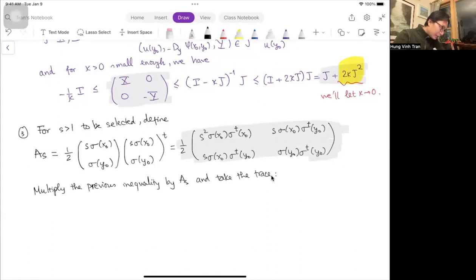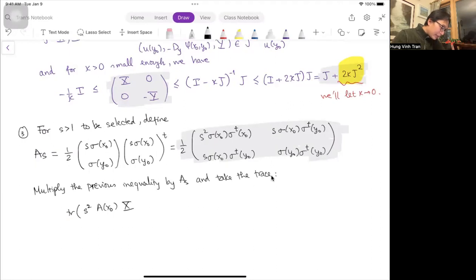So clearly the left-hand side is going to be the trace of X multiplied with the slot here, which is s squared times A of x0, because sigma sigma transpose is A, times the matrix X. That's the first slot in the diagonal.